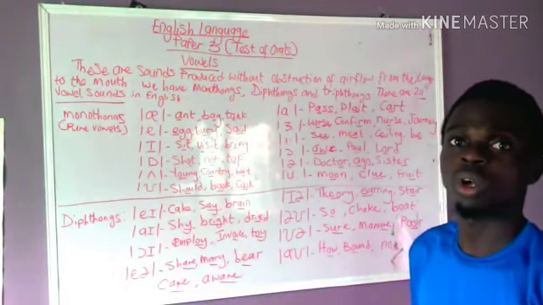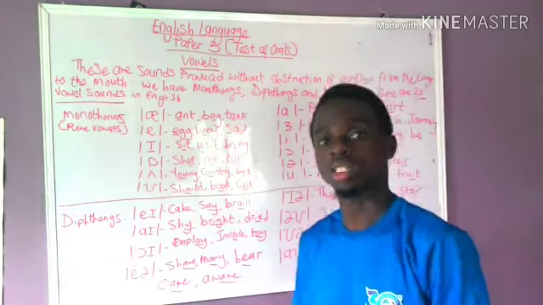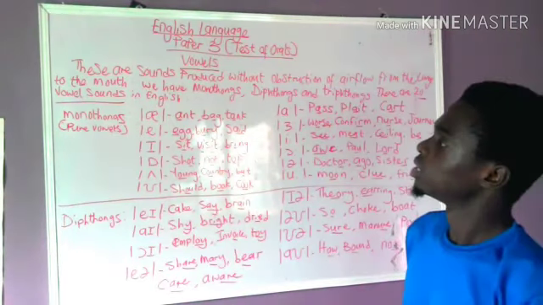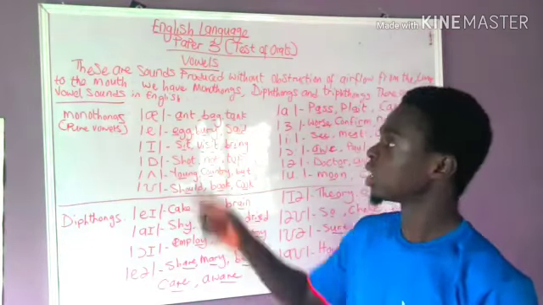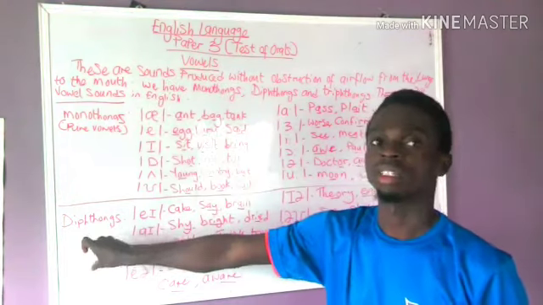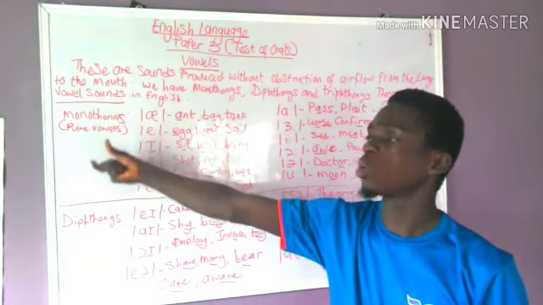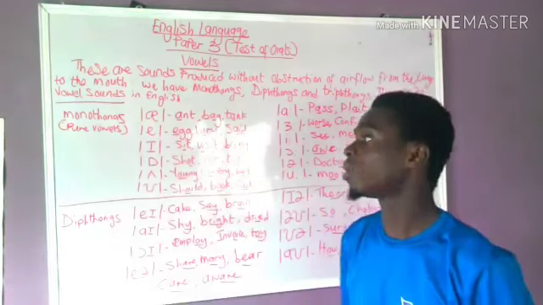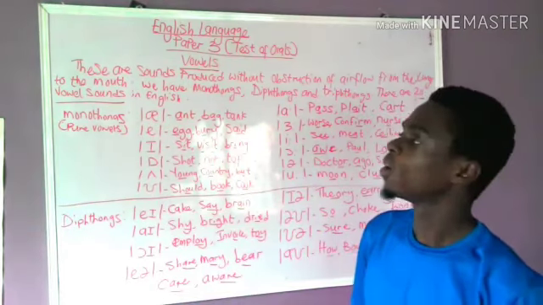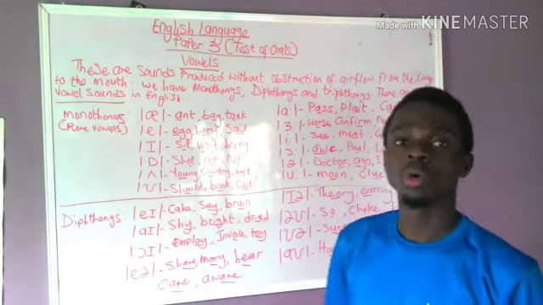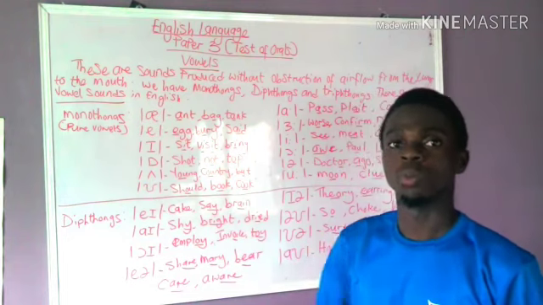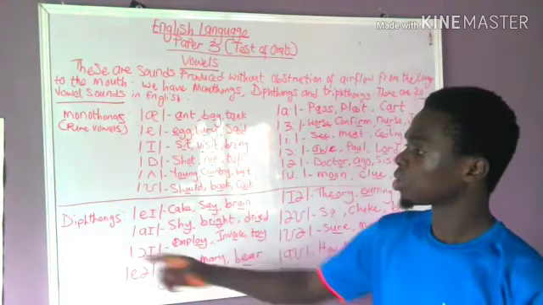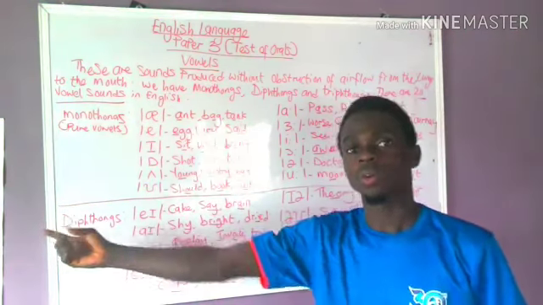In the other class, we're going to talk about consonant sounds and consonant clusters. Today, we're going to place emphasis on monophthongs and diphthongs. Monophthongs are also called pure vowel sounds. Now, mono is from the Greek word which means one, and diphthong is from di, which means two.